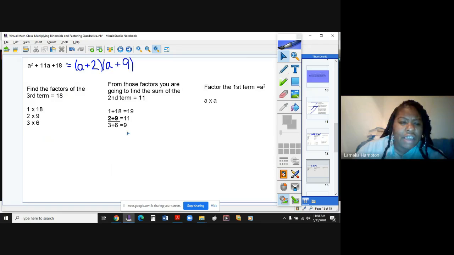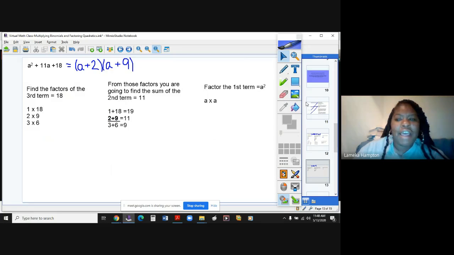So I have A plus 2. Remember, my 2 is positive, so that's what I have up here. A plus 2, and that is multiplied by A plus 9. Okay, so hopefully you all can see that connection between these two A's and these two numbers.